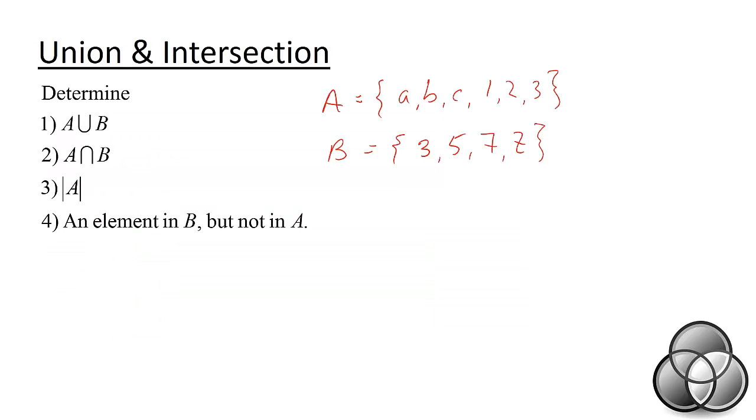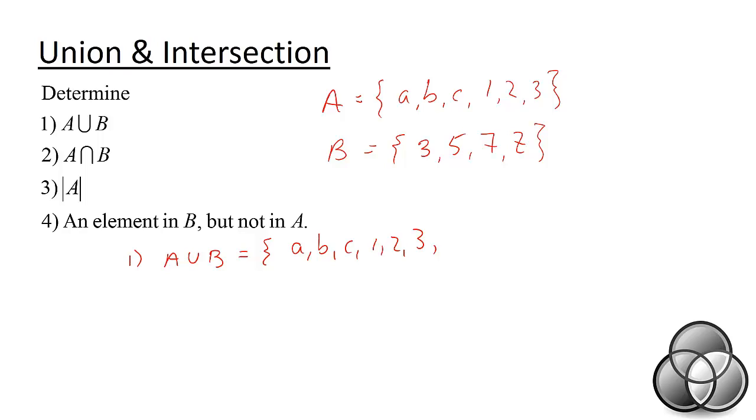Let's take a look at a couple examples here at the end of this lesson. Using the sets A and B, let's try to determine the following four things. A union B. This is all of the elements in set A put together with all of the elements in set B. And A has 6 elements: A, B, C, 1, 2, 3.